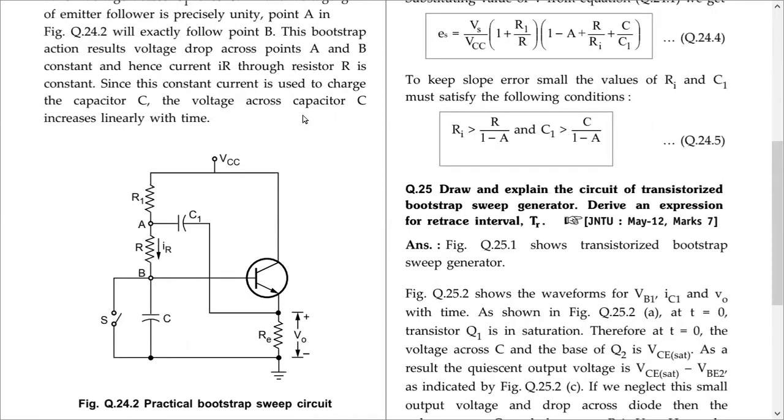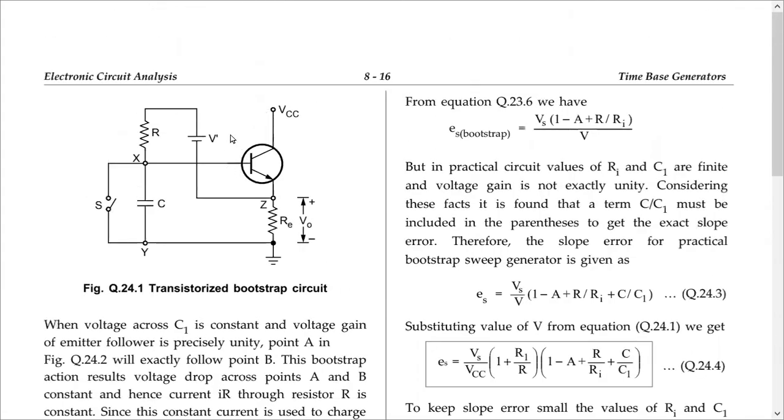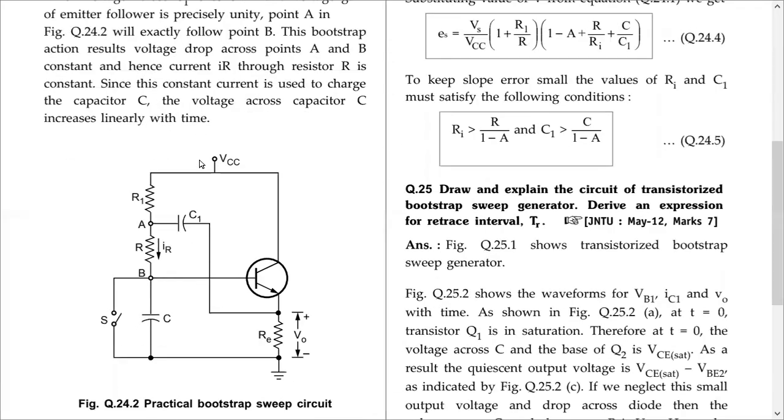Suppose you take a 5 volt battery, connect it to the capacitor, then remove the battery and measure the voltage across the open capacitor; it will be 5 volt. As long as the discharge of the capacitor is negligible, it maintains the voltage. That technique we are using here: instead of a voltage source, we are using a capacitor.